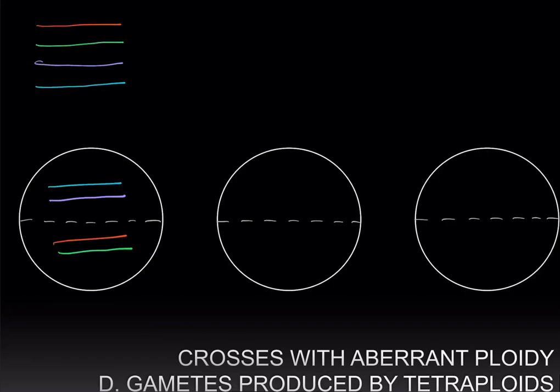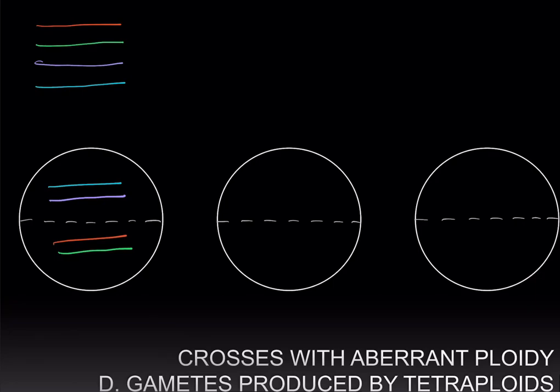In that situation, since the univalent and the third chromosome in the trivalent segregate randomly, you could end up with 2 diploid gametes, but you can also end up with aneuploid gametes, where you either have a triploid gamete or a haploid gamete.